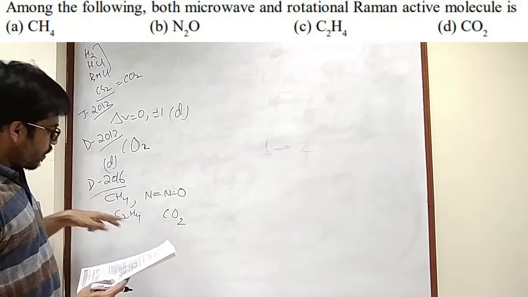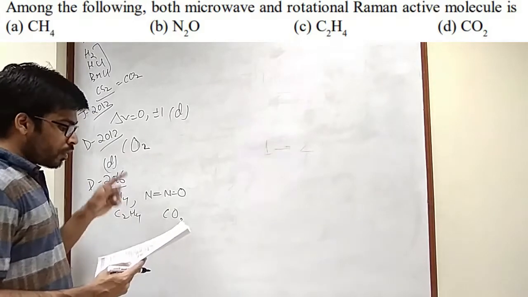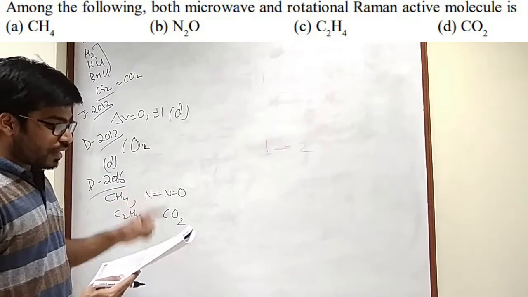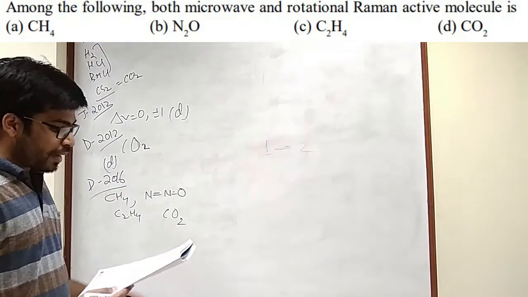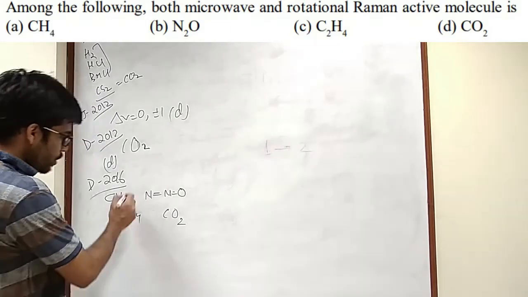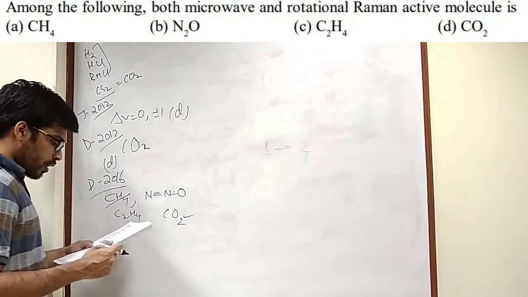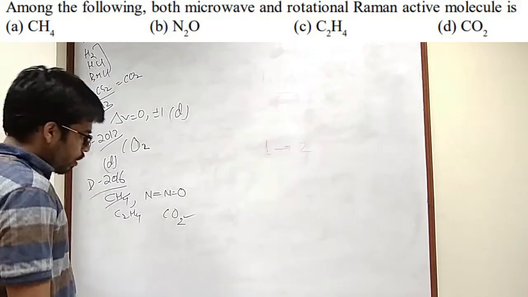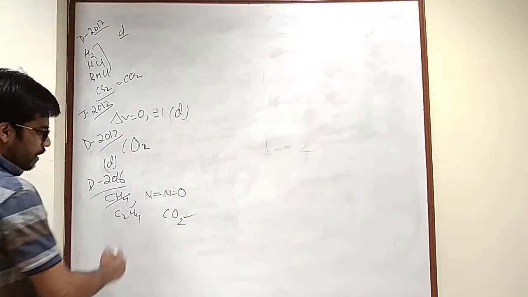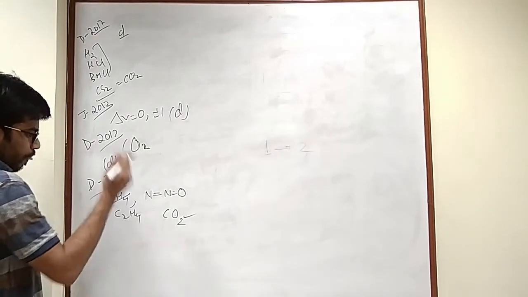I mean, all of them are rotationally active, all of them are microwave active, but rotation Raman active and microwave active, so this is obviously not. CO2 is not going to be rotation Raman active. N2O, okay.